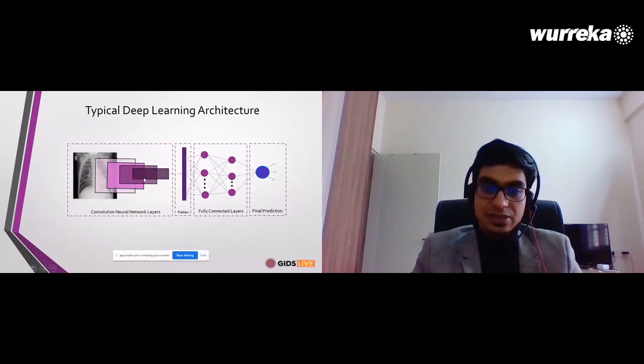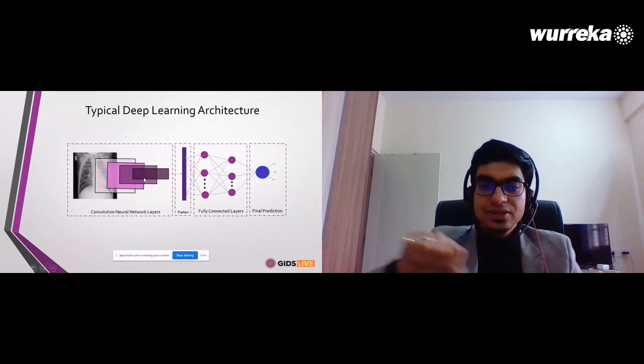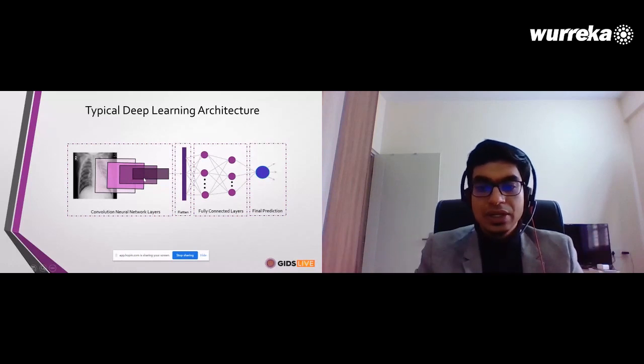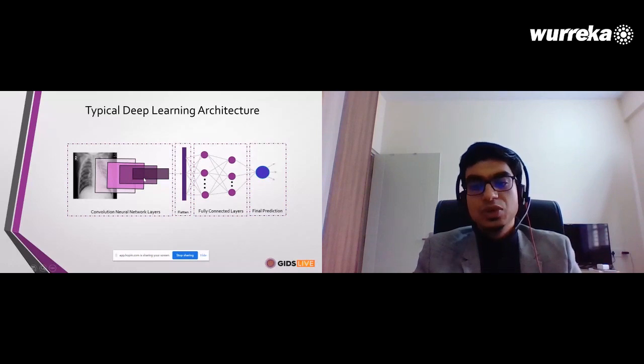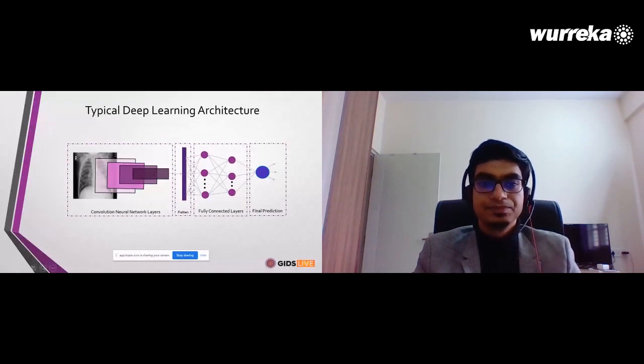Once the key features are extracted and formed as feature vectors, we flatten them so that we get a 1D array of feature vectors, and then we pass it through a few layers of fully connected networks. At the end, we normally have an activation function that gives us the final prediction. So this is how a conventional or typical deep learning architecture looks like.